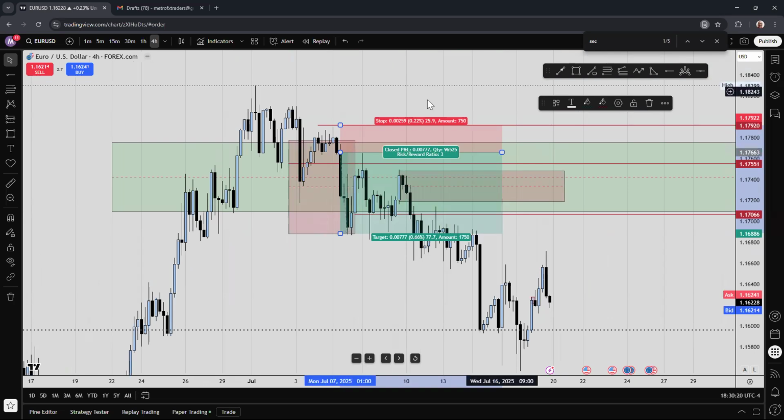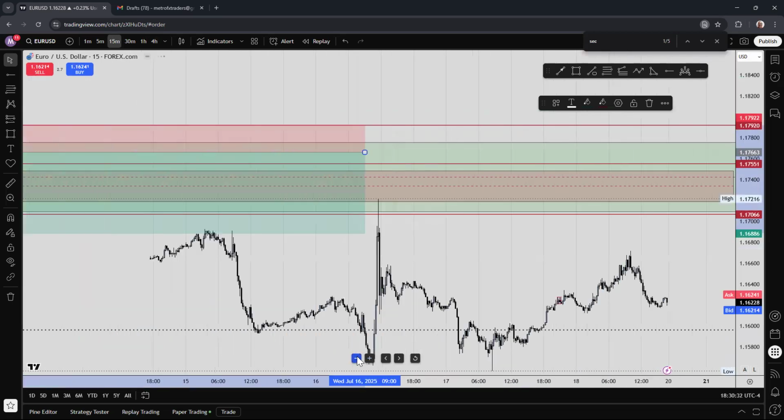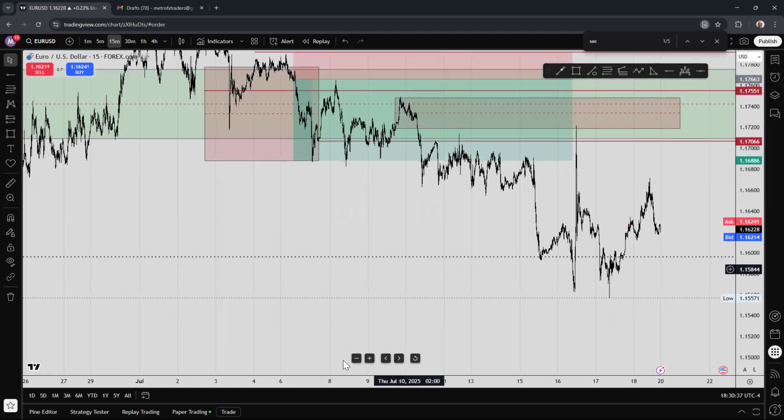You come down to the lower time frames and place your trade on the lower time frames, whether it's the 4 hour, the 1 hour, the 30 minute, or the 15 minute. Because if you did the 15 minute, look at that. You could have got more pips out of it.